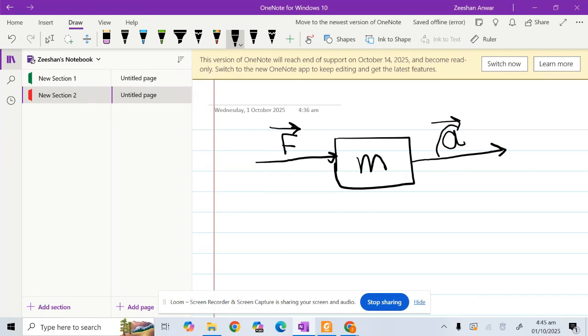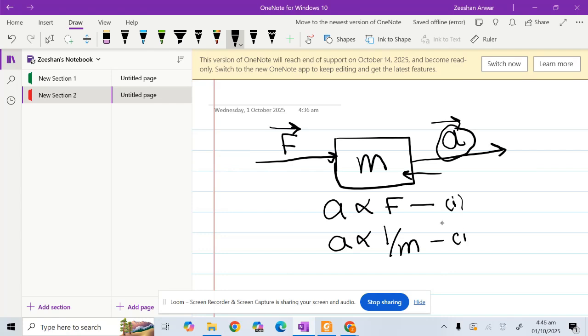So this acceleration produced in this body will be directly proportional to the force applied and inversely proportional to the mass of this particular object. Let's suppose we make this equation 1 and this equation 2.